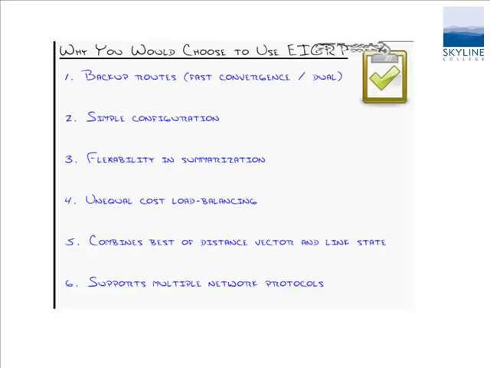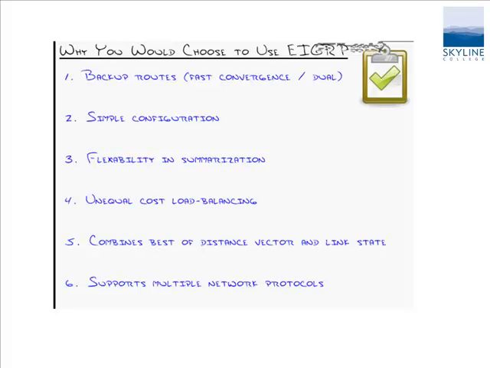This one will do unequal cost load balancing, so that if one is twice as fast as the other, we'll send two on the faster one and one on the slower one. So it does unequal cost balancing. The default is equal cost. You have to do some configuration, but you can configure it to do that.